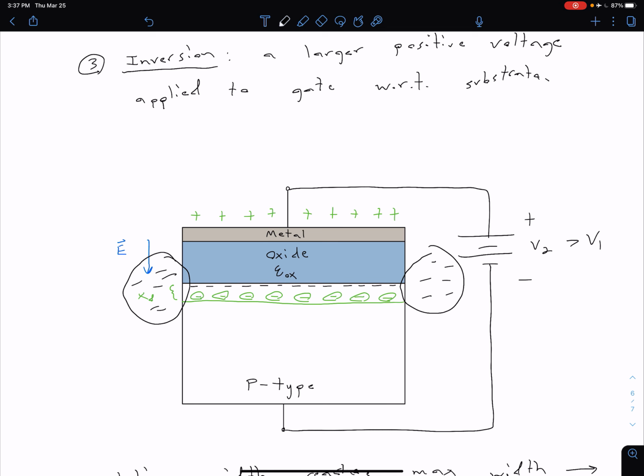Now that we have this path in between, we have a conduction path for our electrons to transfer between those two reservoirs. So our inversion mode is what we're going to be operating in when our transistor is on and we have current flowing, whereas our accumulation mode, and to some extent our depletion mode, is going to correspond to our device being off and having no current or an insignificant amount of current flowing.